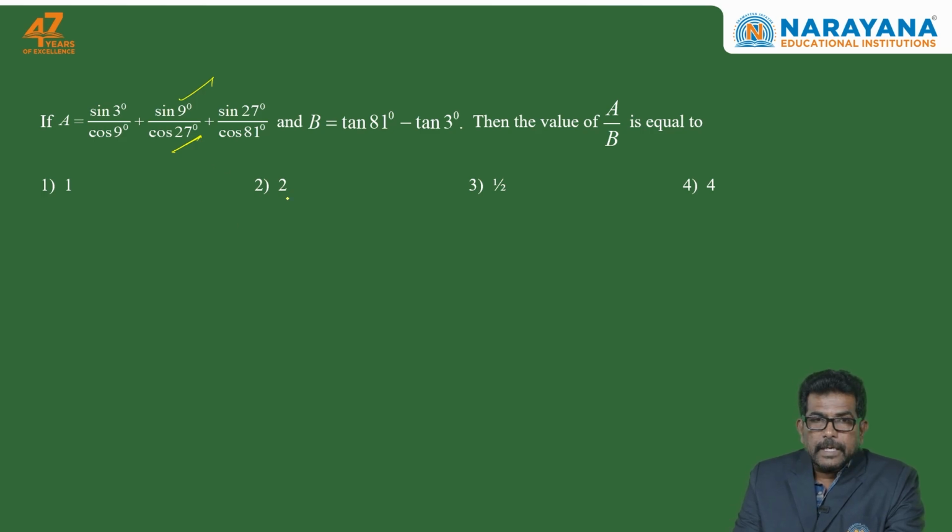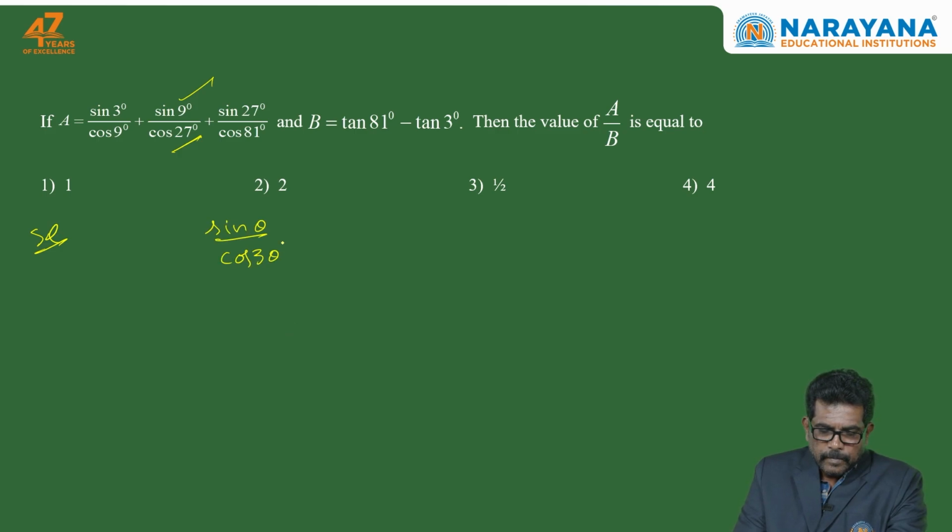That's why, first of all, we can try to solve sin theta by cos 3 theta model. To simplify this one, we are converting this into the collapsing series model. For that purpose, you multiply the numerator and denominator with cos theta.